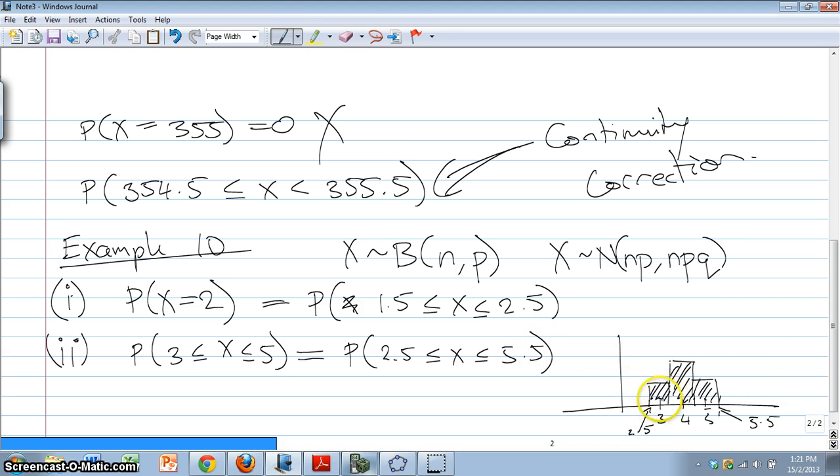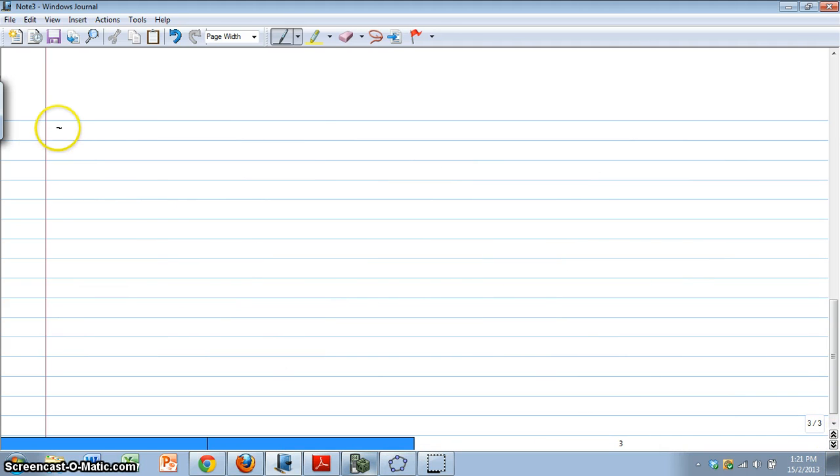So again, we don't do anything funny. We just look at the last one and we add an extra half to account for the continuity correction. So part 3, what do we have? We've got the probability that 3 is less than x less than or equal to 5.